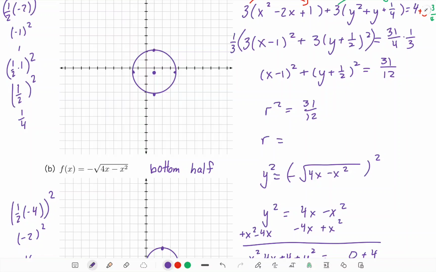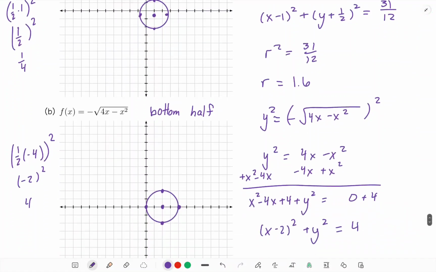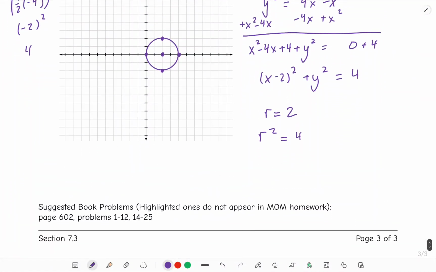So r is 1.6 instead of 2.6. So the circle's a little smaller than I originally graphed. And that's it for section 7.3.